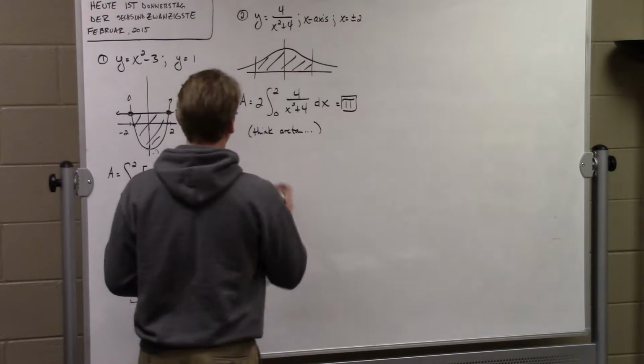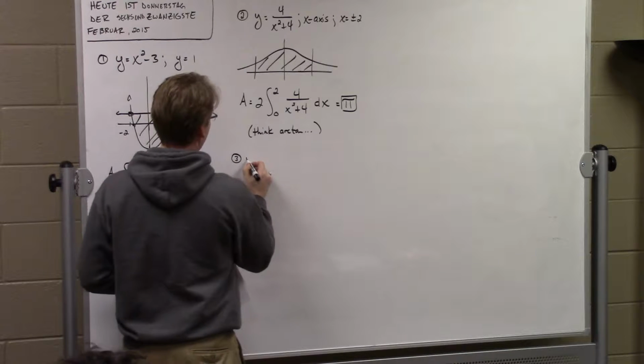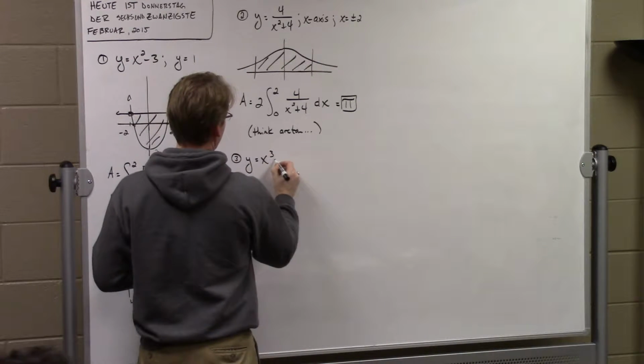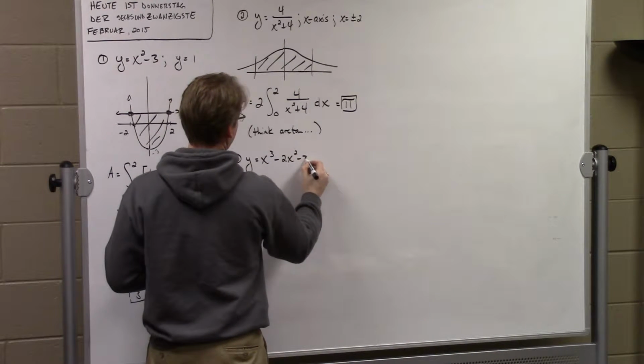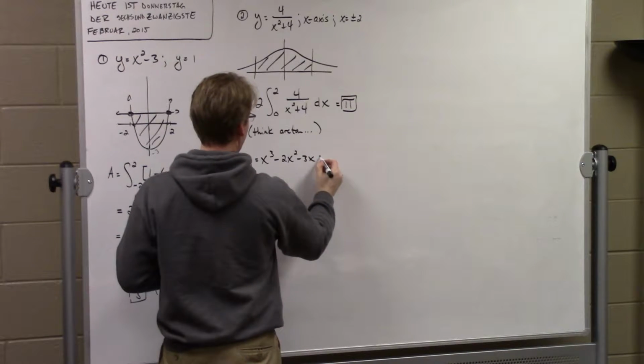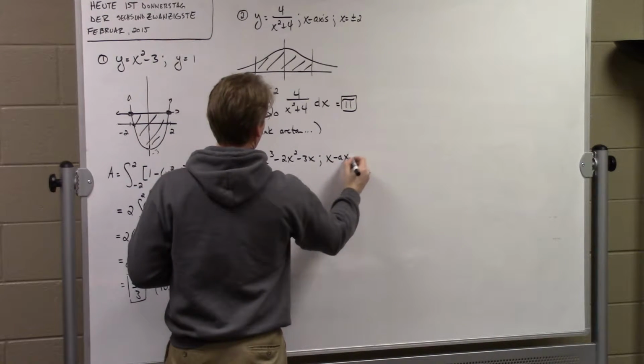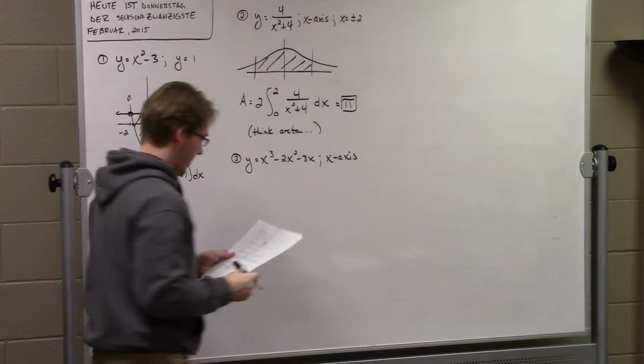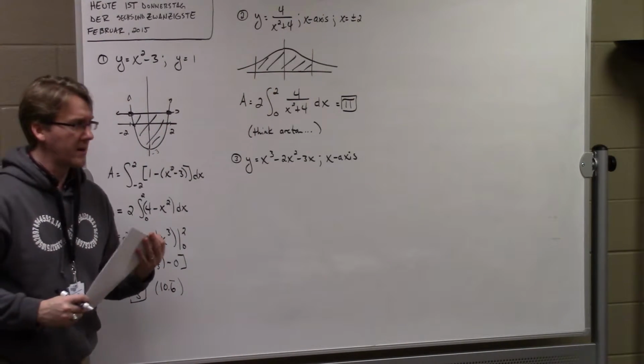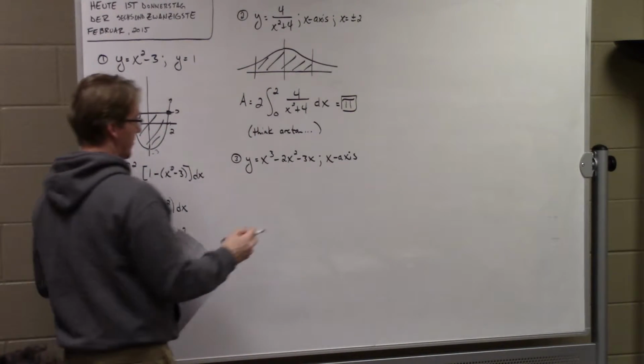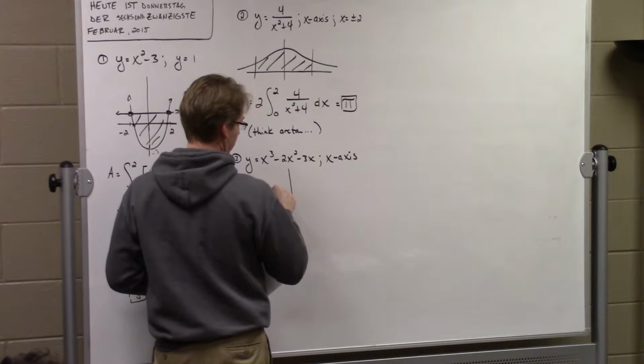Okay, you have the curve y equals x cubed minus 2x squared minus 3x, and the x-axis. All right, so we want every bit of area that is trapped between those two. Sketch, this is what we're looking at.